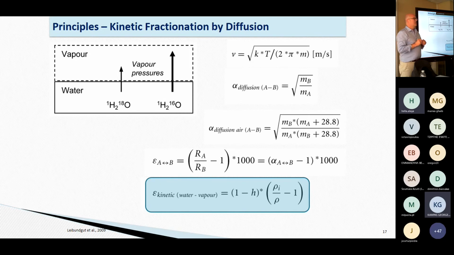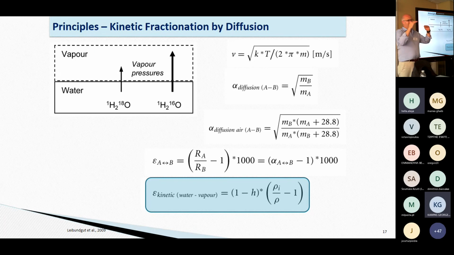So two molecules with different weights will fractionate according to the square root of mB divided by mA. However, it's not realistic to assume that we have vacuum. I mean, this can be used to calculate how much hydrogen or vapor is leaving Earth.